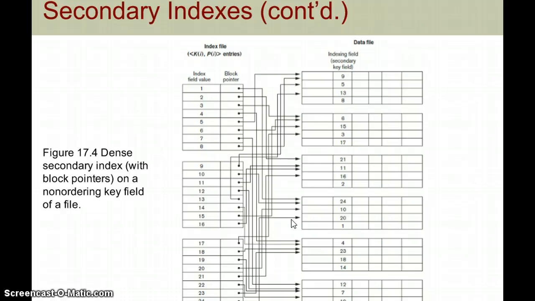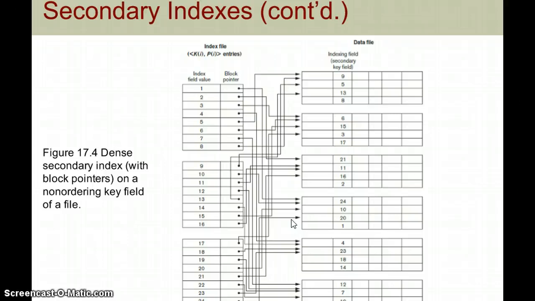So what is the main criteria for primary indexing? In primary indexing, we have to fulfill two criteria. First, the index field must be ordered, and the index field on which we are going to create an index must be the primary key field.